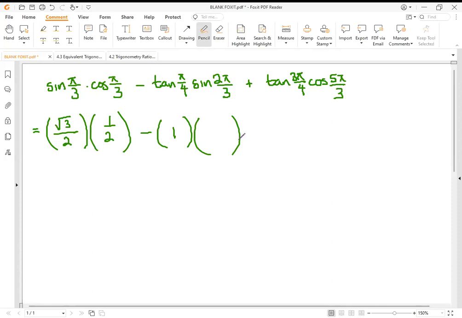Pi over 3 is sine of 60, which you already did. It's root 3 over 2, positive, plus tangent 3 pi over 4, in quadrant 2 CAST, that's going to be a negative. And the related angle is pi over 4, which is a 1.